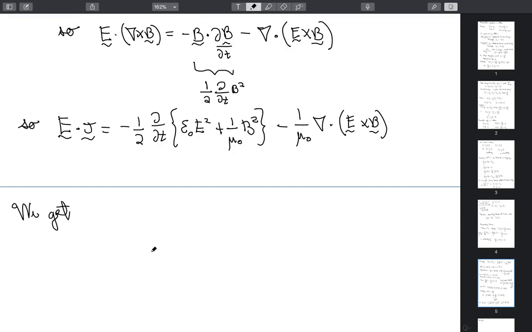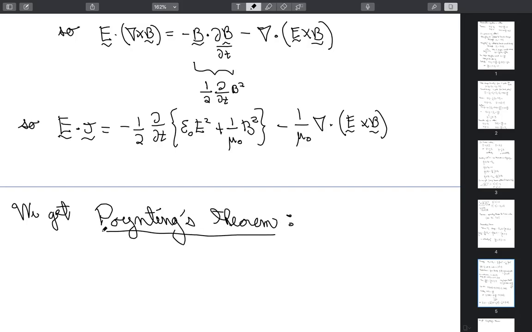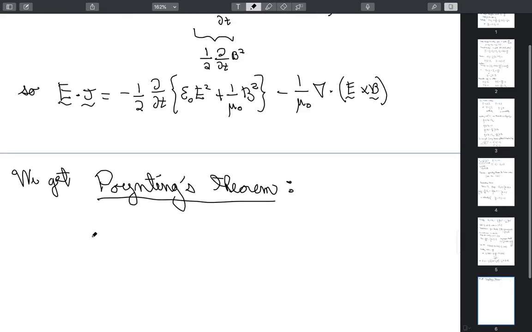Putting everything together, we get a really important result that is called Poynting's theorem. So what's Poynting's theorem?